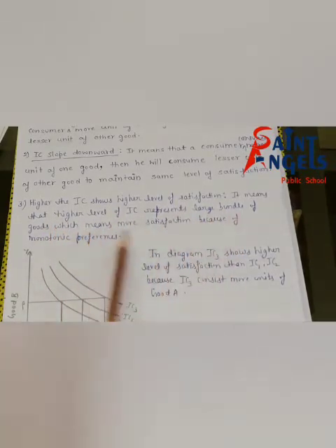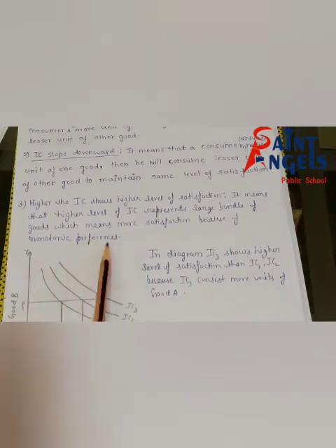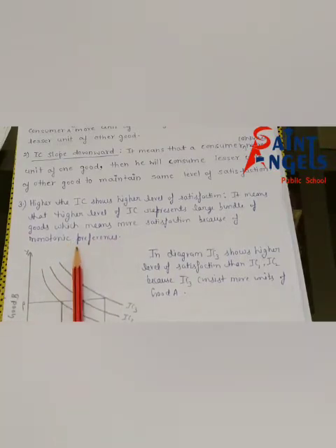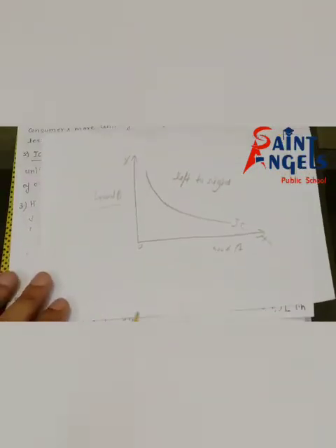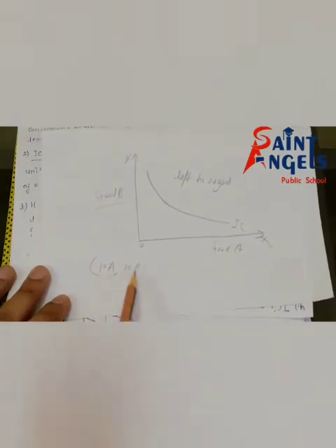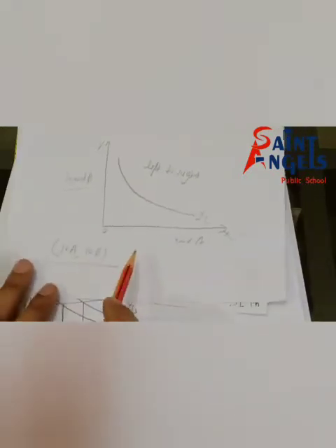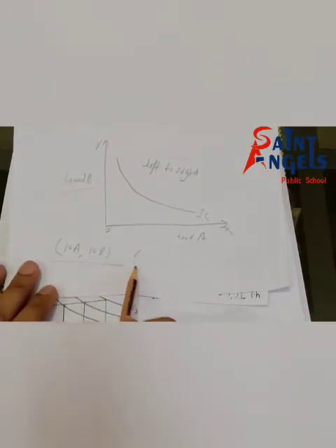A larger bundle means more satisfaction because of monotonic preferences. First of all, understand what monotonic preference is. Suppose there are two combinations. Suppose 10 apples and 10 bananas is the first combination, and this is another combination.